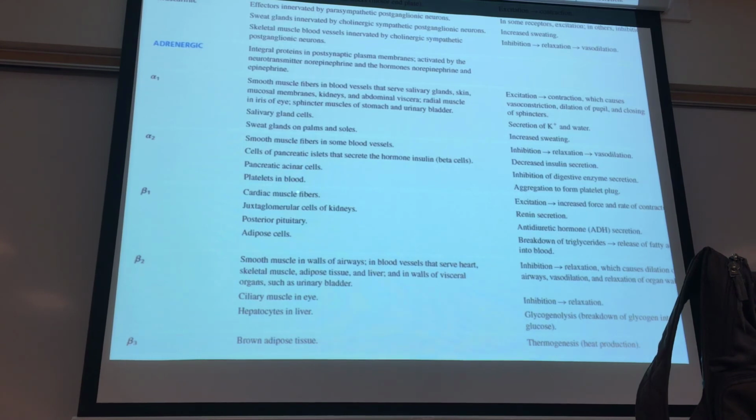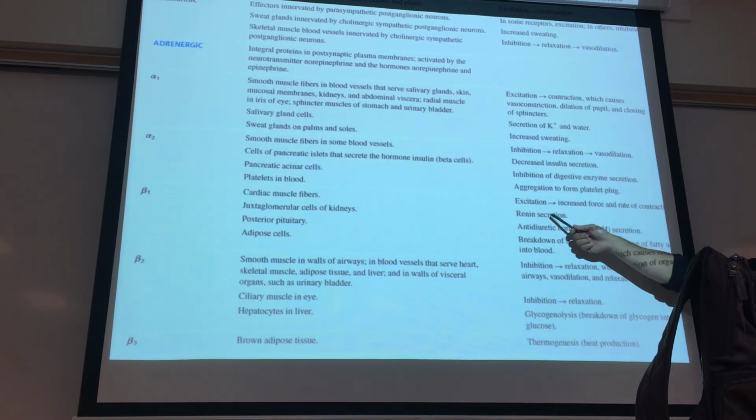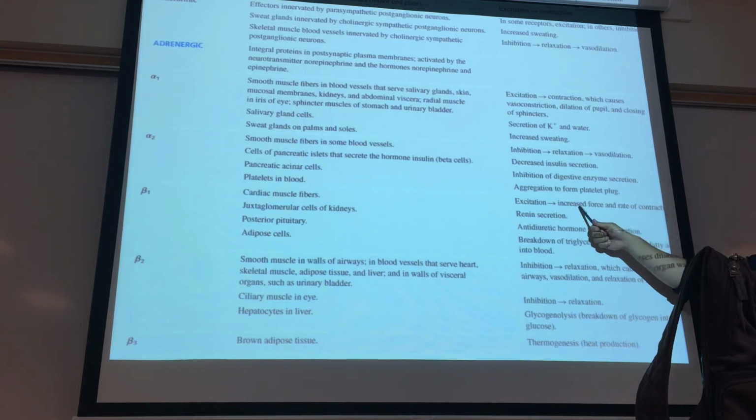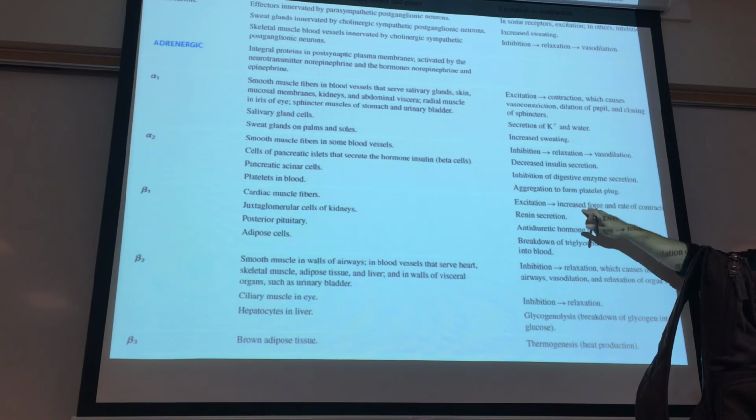So with cardiac muscle fibers, if I were to take epinephrine, it would excite the beta 1 receptors located on the heart muscle fibers and cause excitation, meaning it's going to increase the rate of contraction. So if we're increasing the rate of contraction and the contractile force, that's going to cause heart rate to increase.